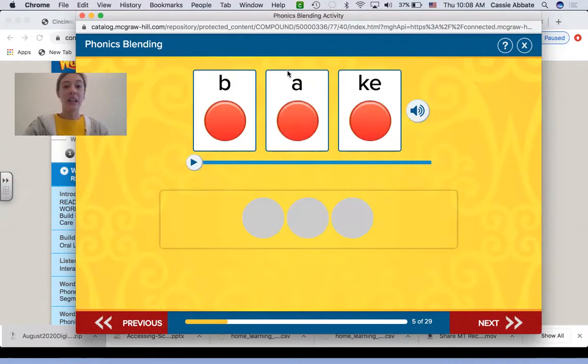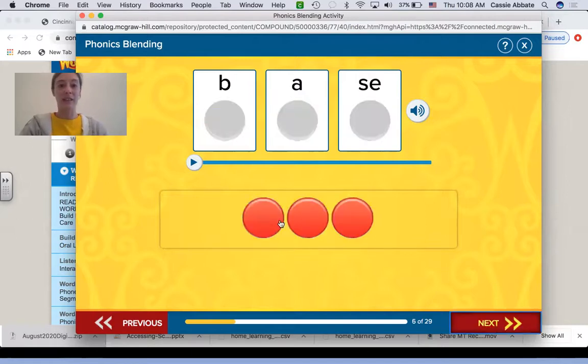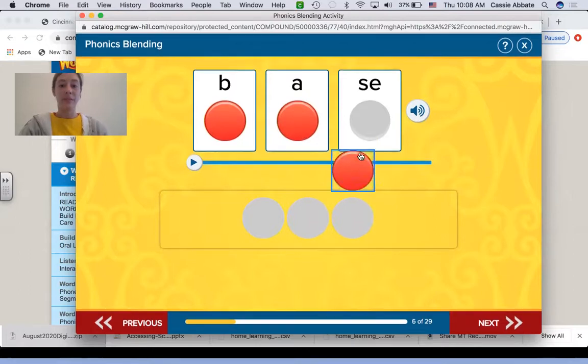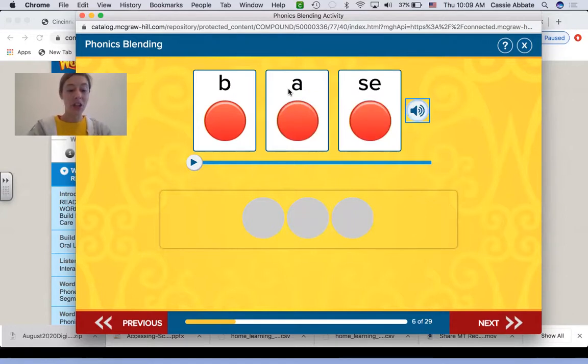And that silent E changes the way that that short A makes a sound, okay? So let's keep practicing that. What's the new word? Base. Because again, that silent E isn't a sound. It's silent. So it changes the way that that A is said. It makes it the long A. Very good.